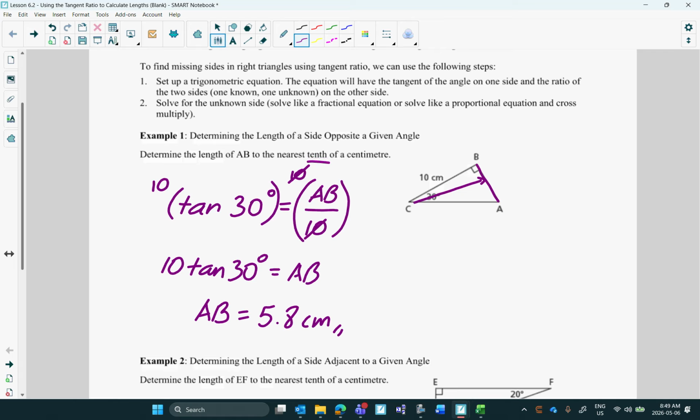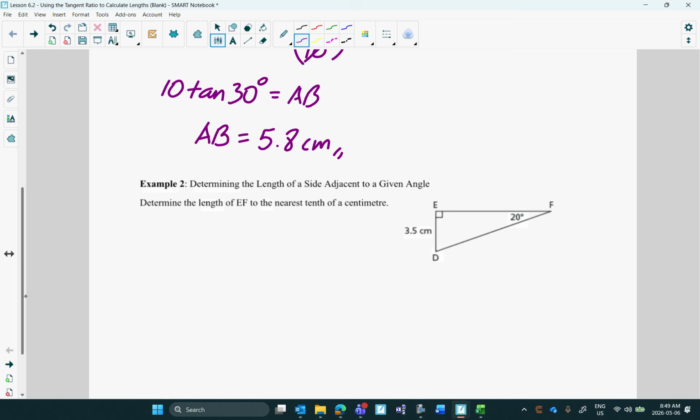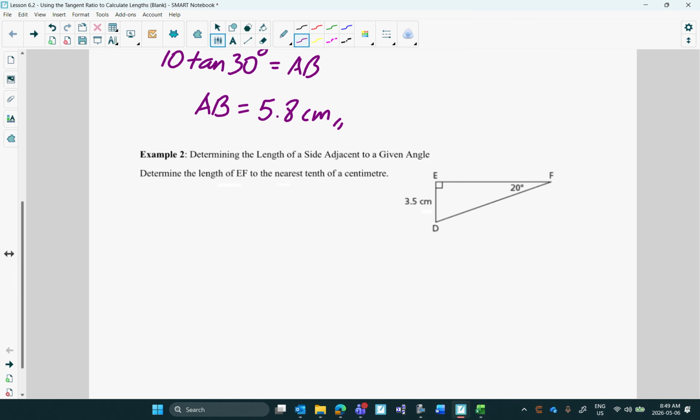Let's look at the next example. Same kind of question. We're given an angle, we're given a side, we're asked to find one of the missing sides. In this case, we're asked to find EF. So set up your tan equation.